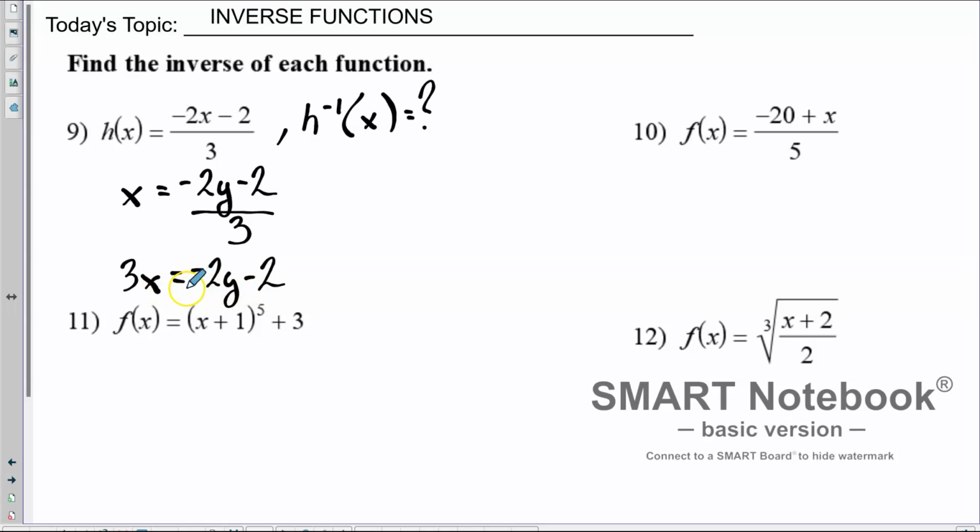Again, you think PEMDAS and you do basically the reverse. So in this case, the next thing we are going to do is add 2 to both sides, okay? So if I add 2 here and 2 here, it'll cancel on this side, so I have 3x plus 2 equals negative 2y, okay?